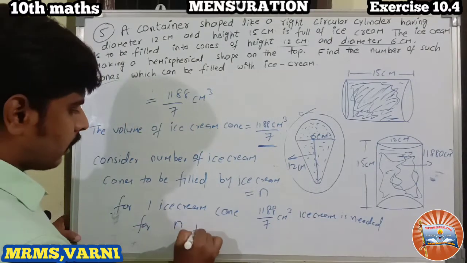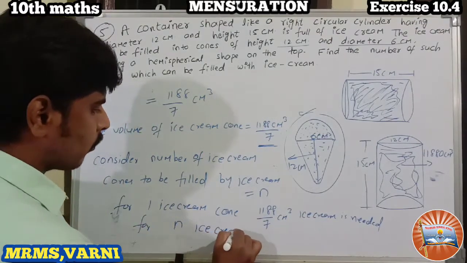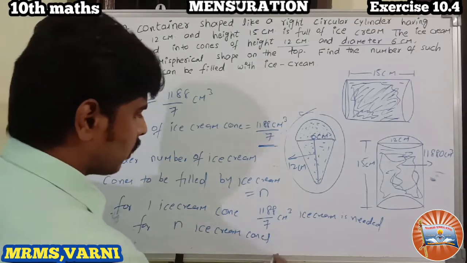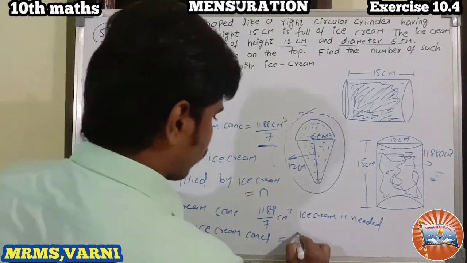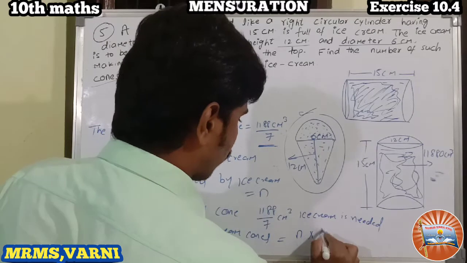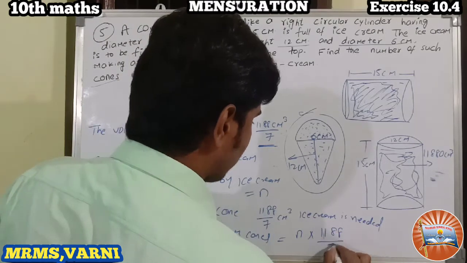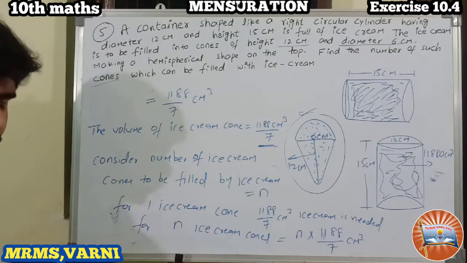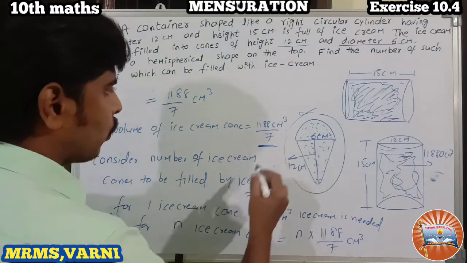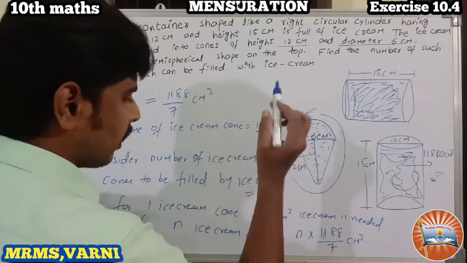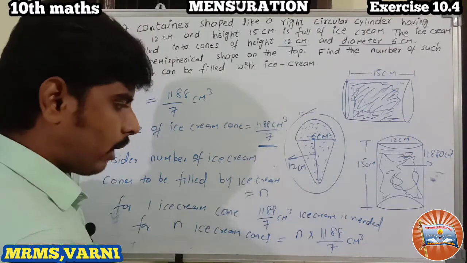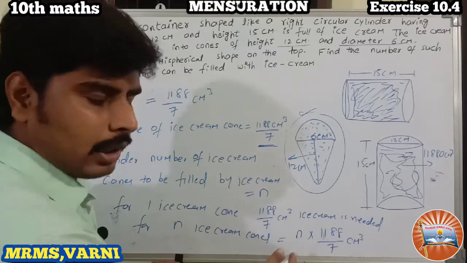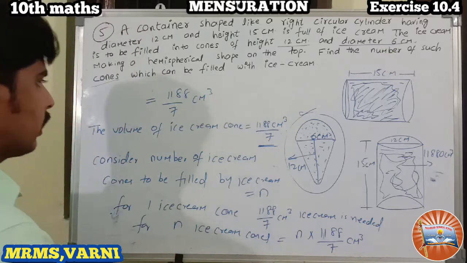For n ice cream cones, that is n into 1188 by 7 centimeter cube, isn't it? Is it clear? For one ice cream cone, 1188 centimeter cube by 7 ice cream quantity is needed. For n we have to multiply with n.